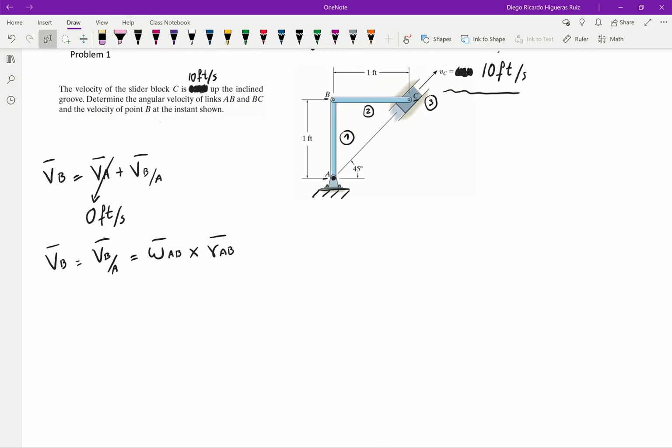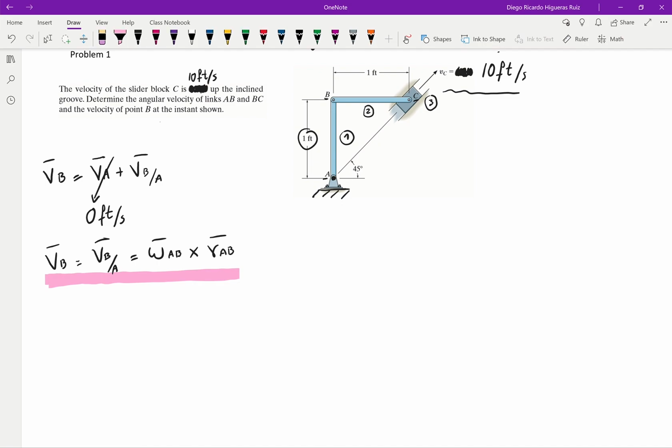Let's highlight that. Do we know RAB? Yes, we do. It's 1 right here. Do we know omega? No, we don't know that. We need to find that. And we don't know VB.